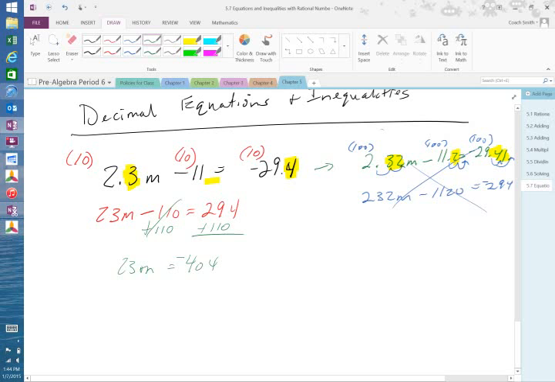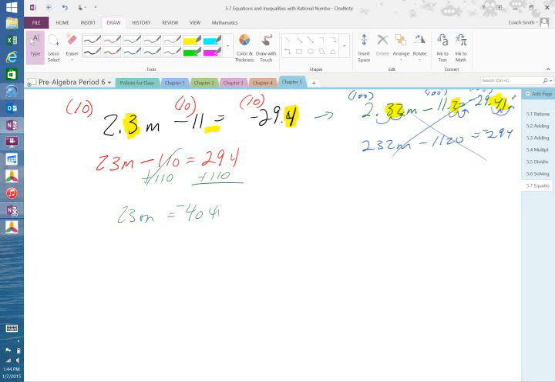Yeah. So, to solve that, we have to divide by 23 to both sides. That cancels. Leaves me m is equal to 23 into negative 404.